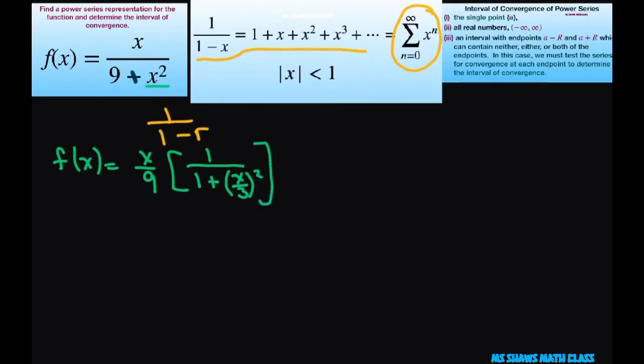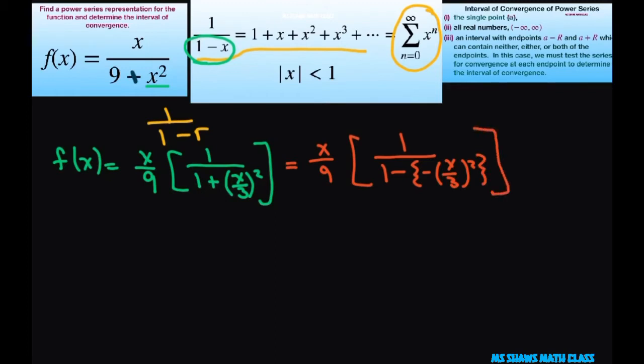Now, for our equation, this is minus, so let's rewrite this as x divided by 9, and then we're going to have 1 divided by 1 minus, and then we're going to write negative x divided by 3 squared, like that. All right, so basically we have it in this form whereby this is your r.